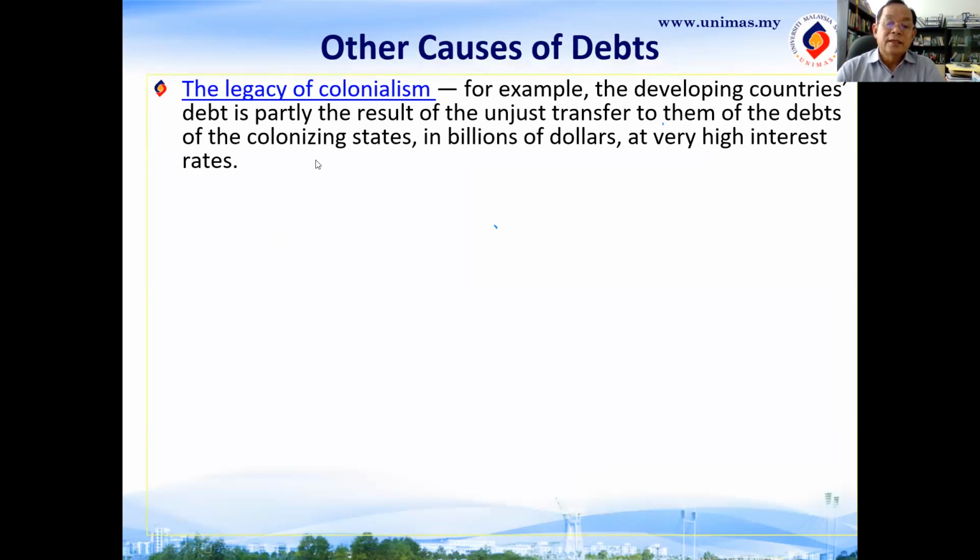That is related to colonialism, the result of the unjust transfer of the debt to them by the colonizing states.